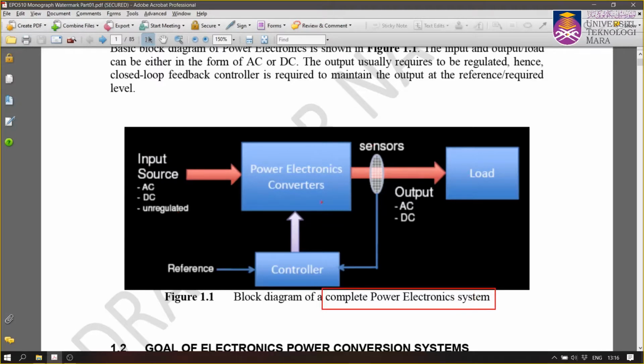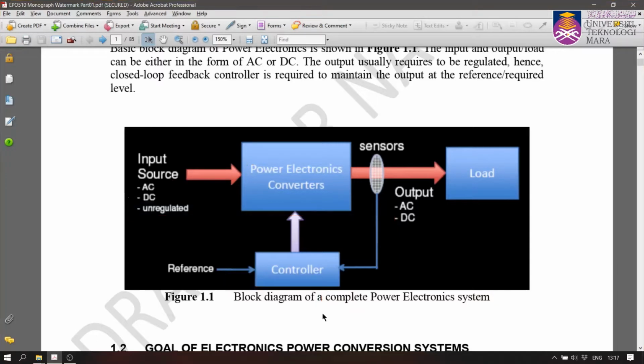This is a feedback controller system so that you can regulate, maintain, and control the output voltage, because we know that the input source is normally maintained at a certain value and is unregulated. For example, for a single-phase supply we have a 240 volt RMS input. If you have a three-phase system, then you have a 450 volt RMS line-to-line voltage.